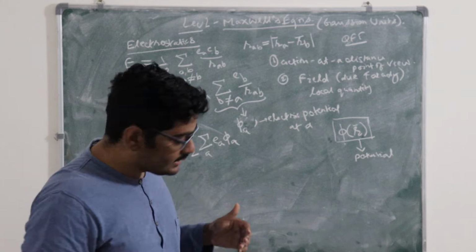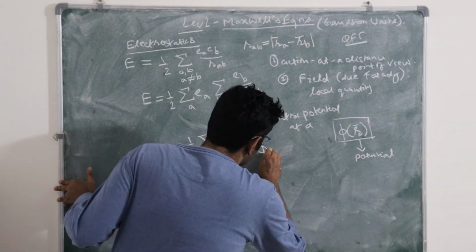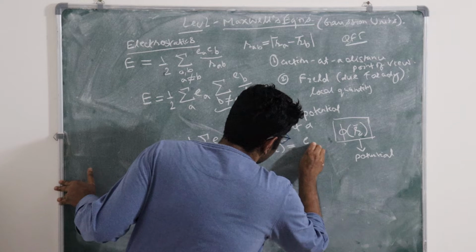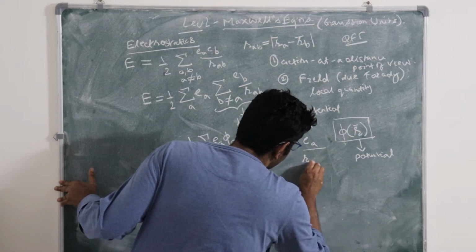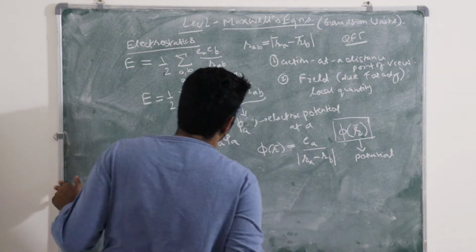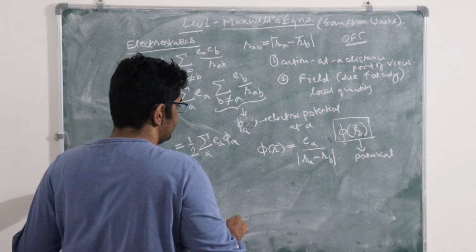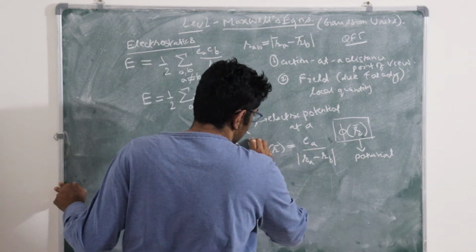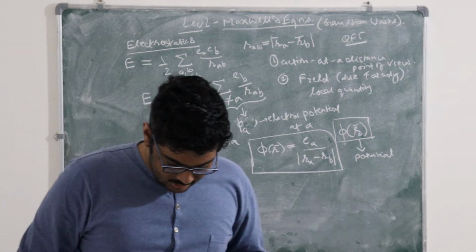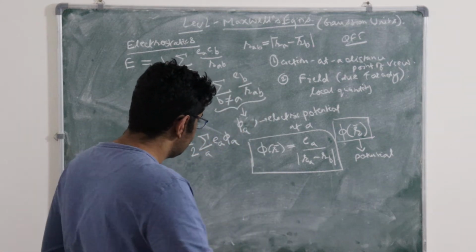It is defined by phi of r equals e_B by the distance between r and r_B.